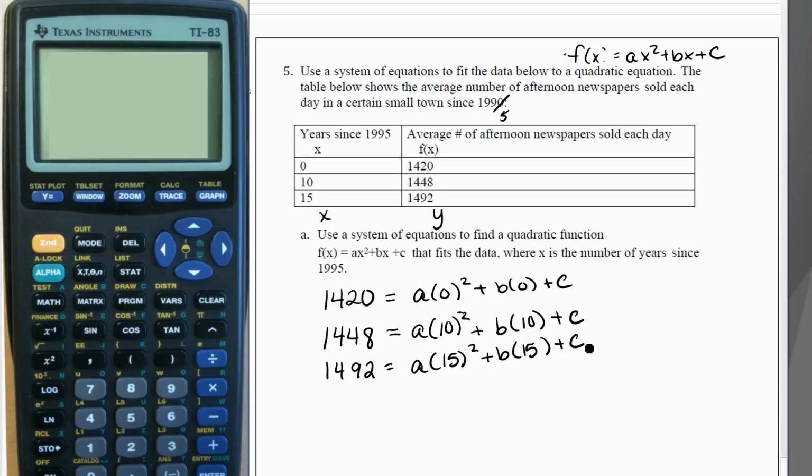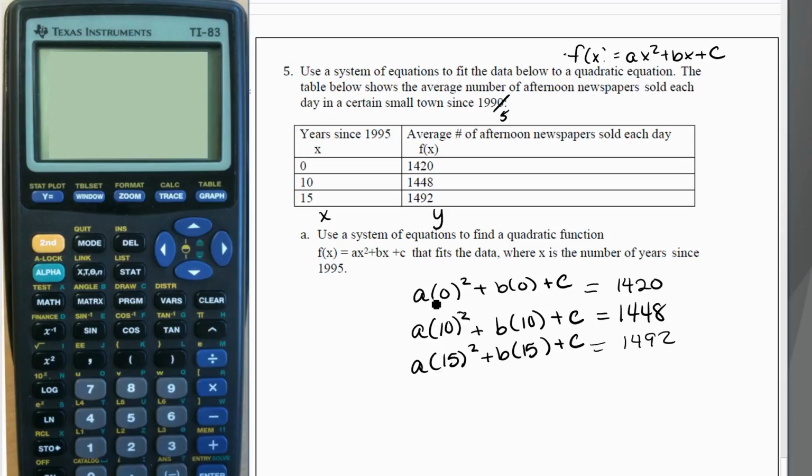Now, putting it in our calculator, we normally put this over on the other side, so let's rewrite them. 1420 equals, and on this one, we'll do 1448, and this one is 1492.